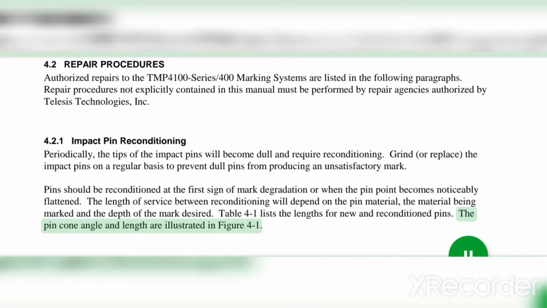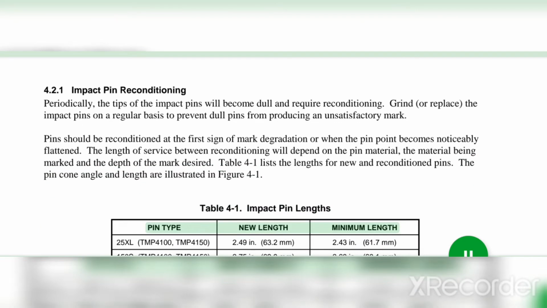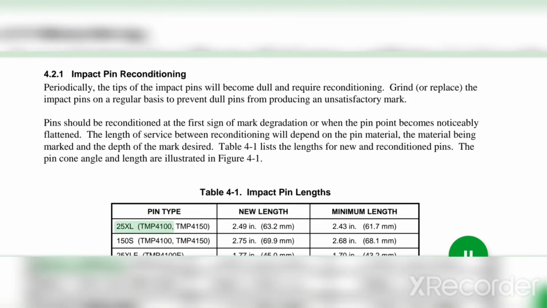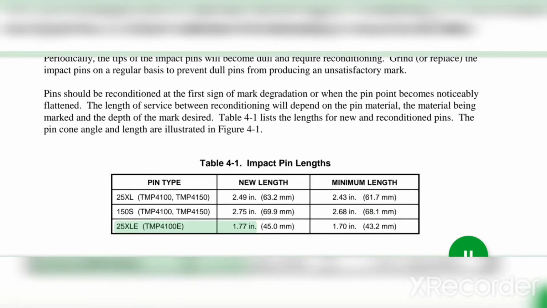The pin cone angle and length are illustrated in figure 4 to 1. Table 4 to 1. Impact pin lengths. Pin type, new length, minimum length. 25 XL TMP 4100: 2.49 in. 63.2 mm, 2.43 in. 61.7 mm. 150 S TMP 4100: 2.75 in. 69.9 mm, 2.68 in. 68.1 mm. 25 XL TMP 4100 E: 1.77 in. 45.0 mm, 1.70 in. 43.2 mm.